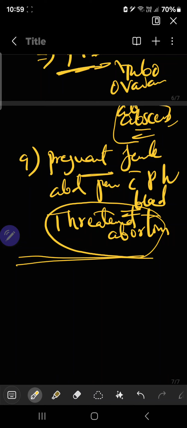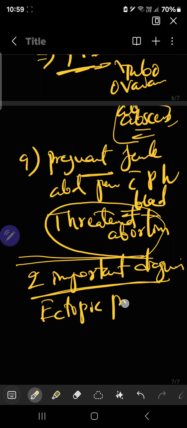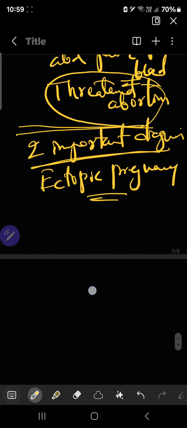And now the two important diagnoses which you should never miss in the ER. Number 1 is ectopic pregnancy. So how will the patient be presenting?